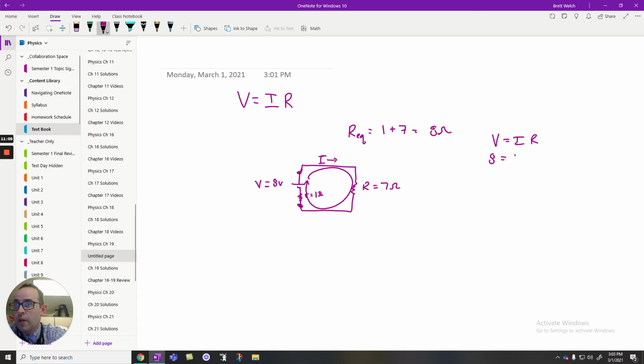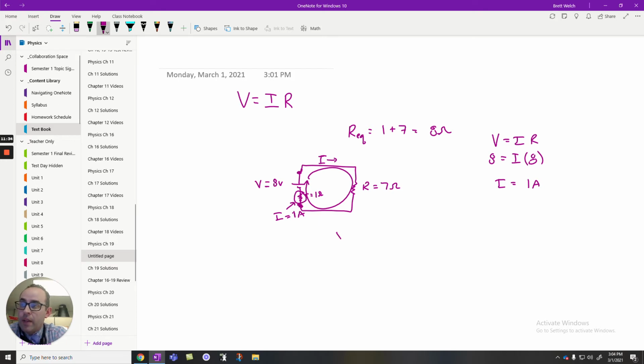The total current is unknown, but the total resistance is 8 ohms. Well, this would tell me that the current that must flow through the circuit would be 1 amp. All right. Now that I know that 1 amp goes through the entire circuit and it just continues, that's the rate at which the current flows. That means, because there's no extra path, that 1 amp flows through my internal resistor of the battery.